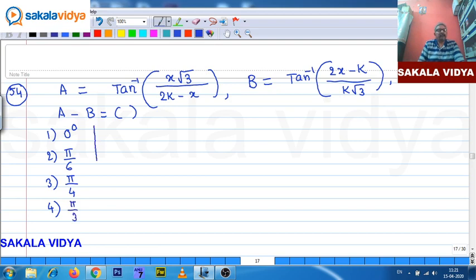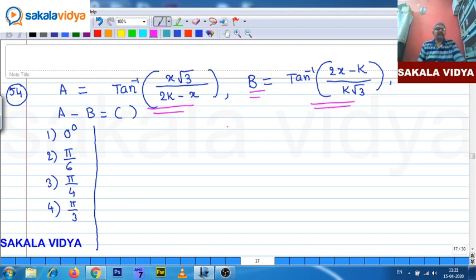So, generally you might have seen in my classes, whenever options are independent of the variable, then I use to apply the shortcuts here. So if you observe, A is equal to tan inverse of x root 3 by 2k minus x, whereas B equals to tan inverse of 2x minus k by k root 3.